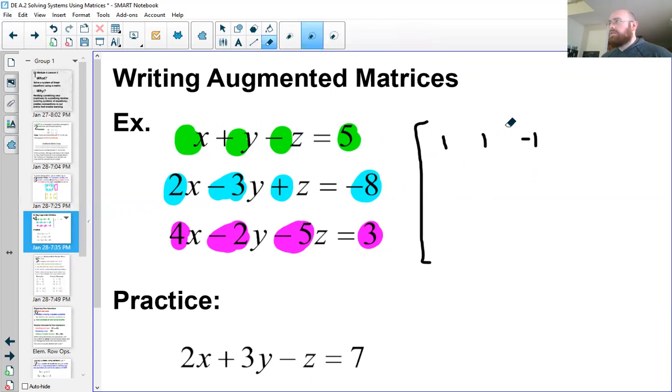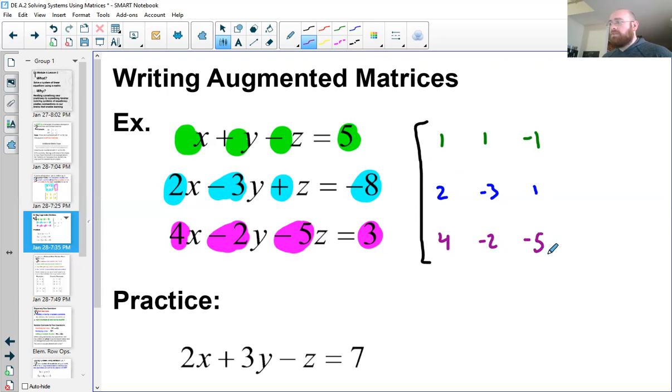I want to color code. This first row is in green. The second row will be in blue. So our coefficients are 2, -3, +1. And then our row of coefficients in the third row is 4, -2, -5.